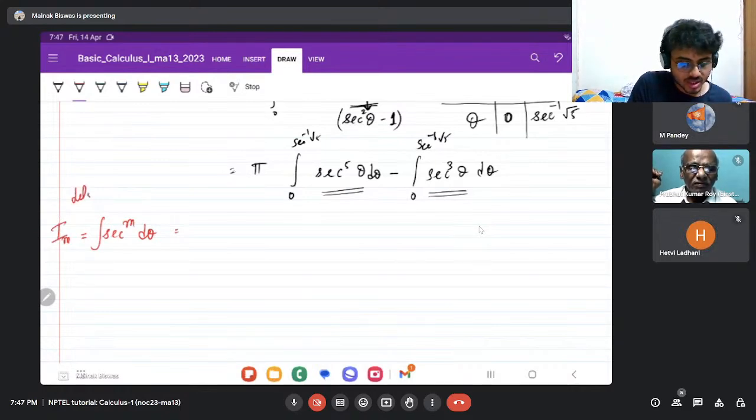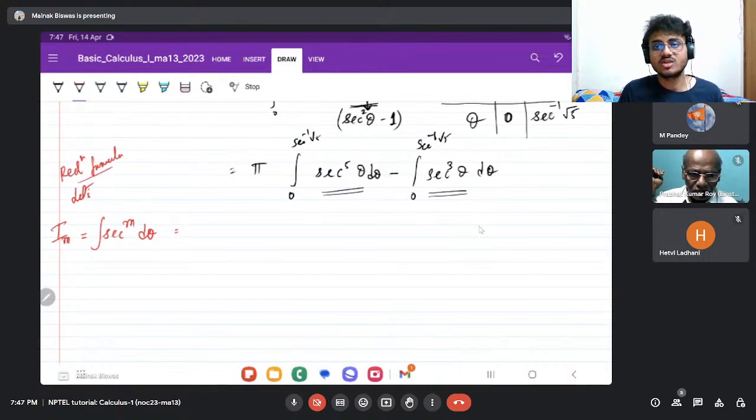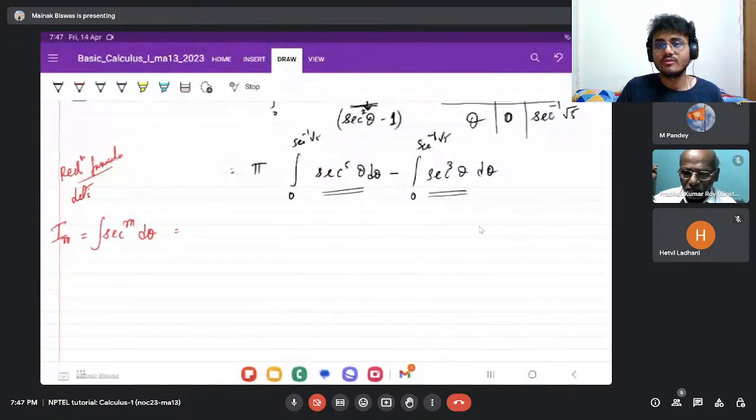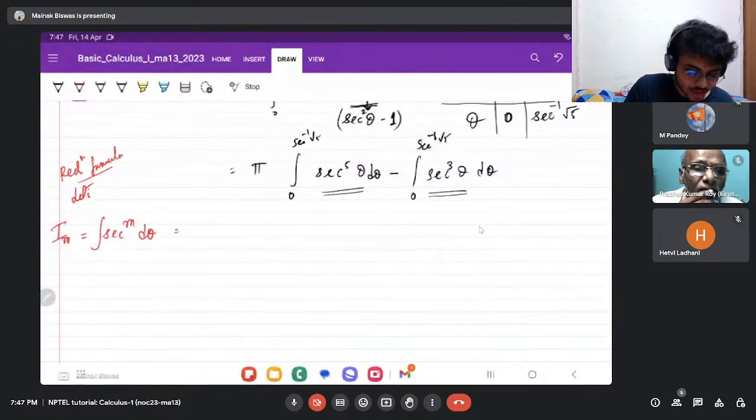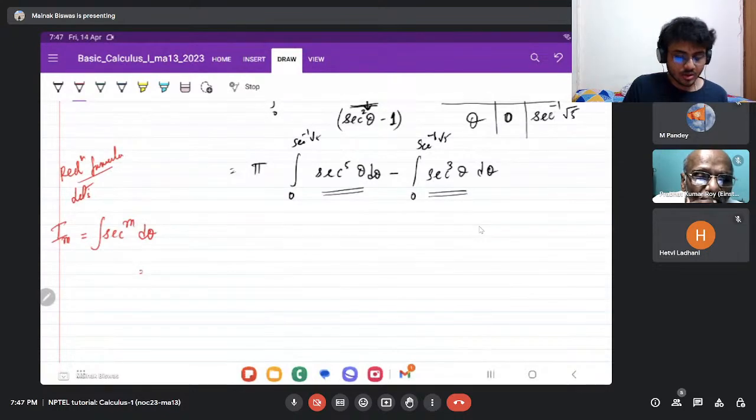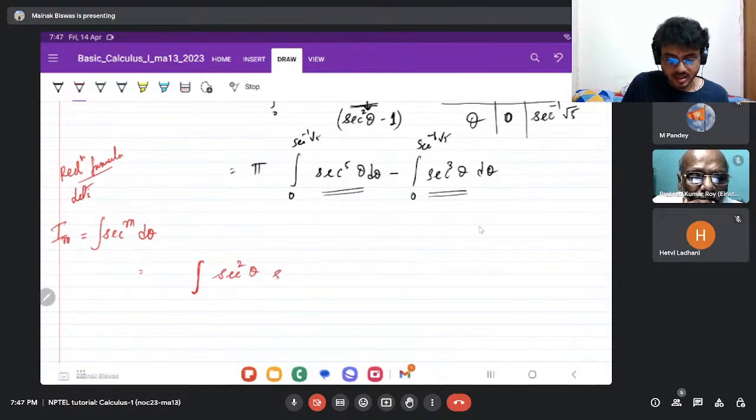Let's solve this. This is a very important result, known as a reduction formula. Here you will get an iterative equation that will help you solve an integral without using integration anymore. How will I do it? That's the question. You will be breaking this up into sec square theta and sec to the power m minus 2 theta, where m is greater than or equal to 2.